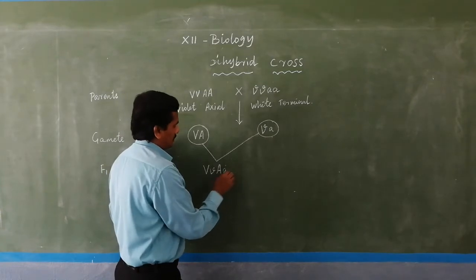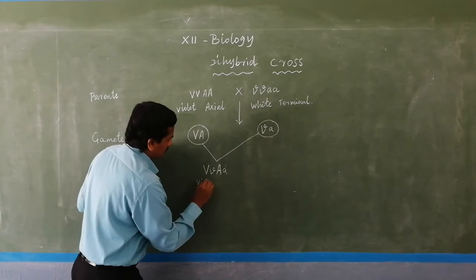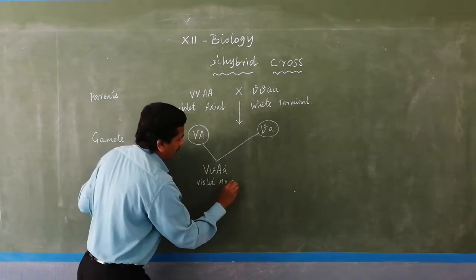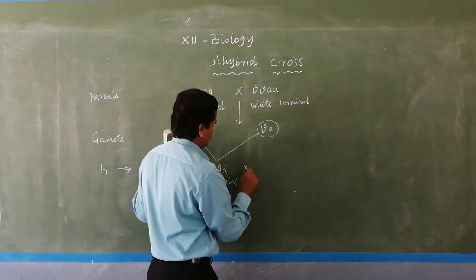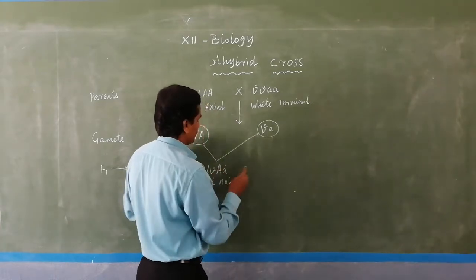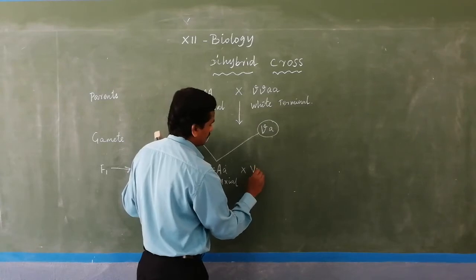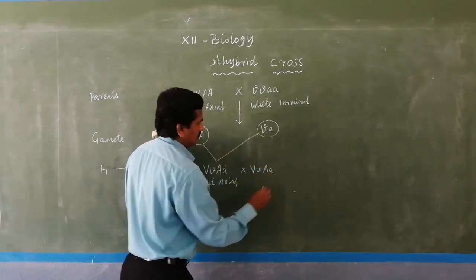F1 generation violet and axial, self pollinated with same violet axial. This is self pollinated.